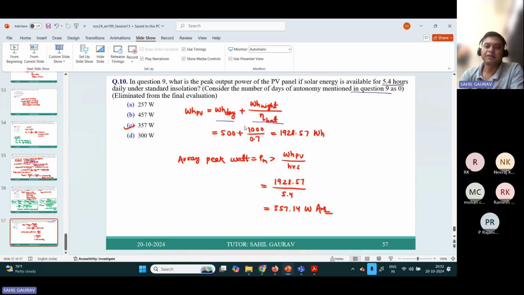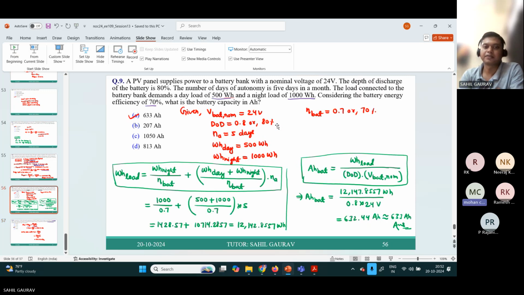And the night energy is supplied to the battery, meaning whatever the energy requirement during night time, the battery should be charged to that amount so that it can supply in night time. So it is WH day plus WH night upon efficiency of battery.